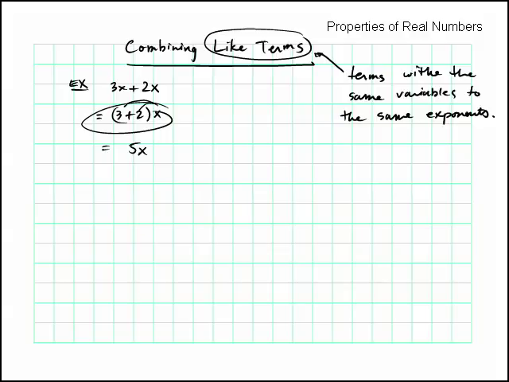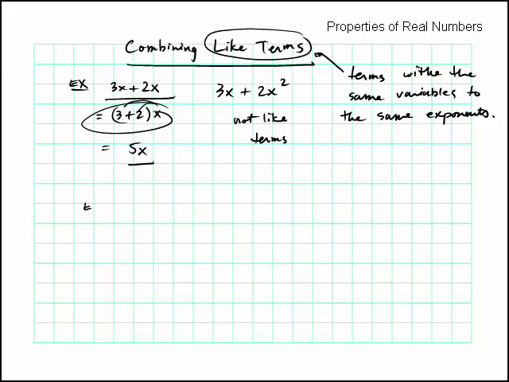So I could combine the 3x and the 2x here to get 5x, but I couldn't combine 3x plus 2x squared, and that's because they're not like terms. One is an x and one's an x squared. It's not the same exponent.